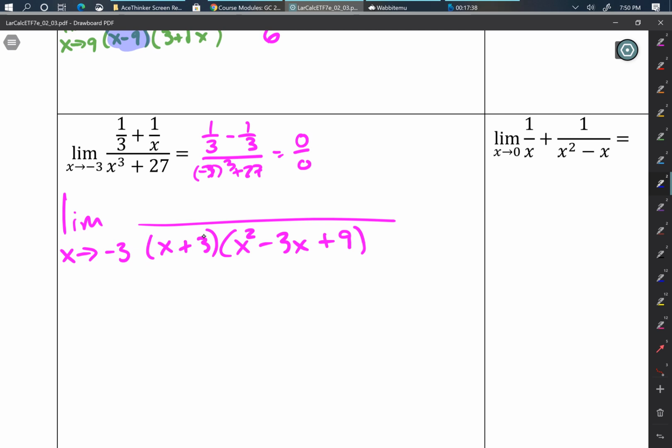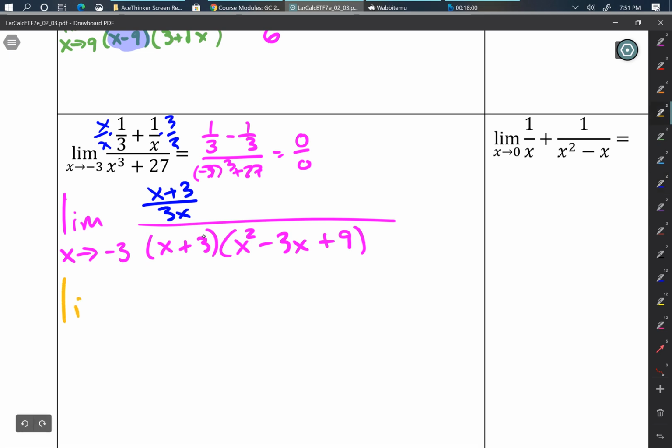Hey, what if I got a common denominator? Would that work? So what would be the common denominator? Well, this one would be x over x, and this one would be 3 over 3. So then that's going to be x plus 3 over 3x. There's my x plus 3 that I need. So now I can make it work.